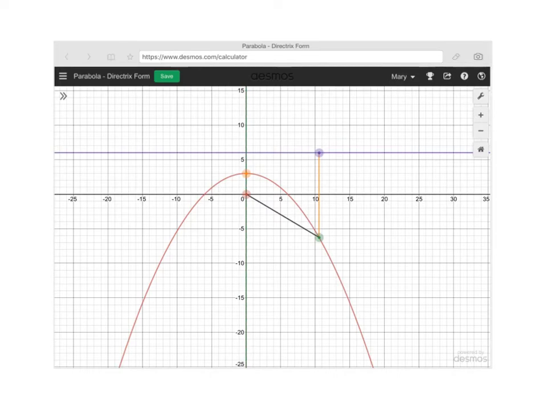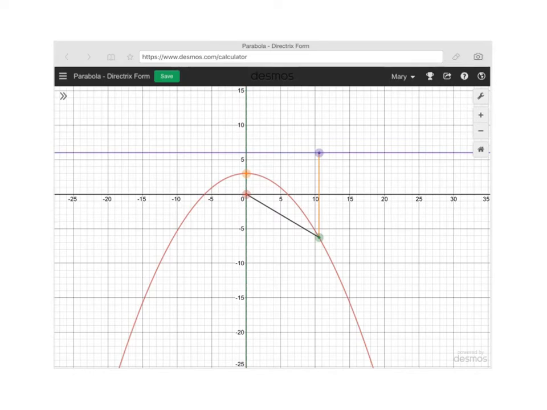This line up here is called the Directrix. So the distance from the focus, which I'll do in red, to any point x, y on our parabola is the same as the distance from that point to the directrix.